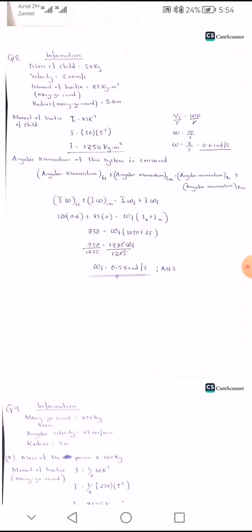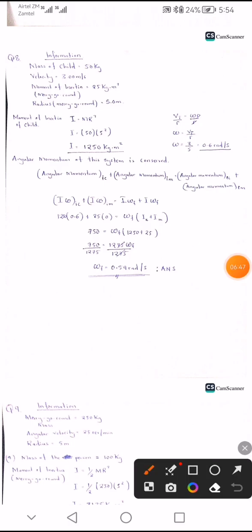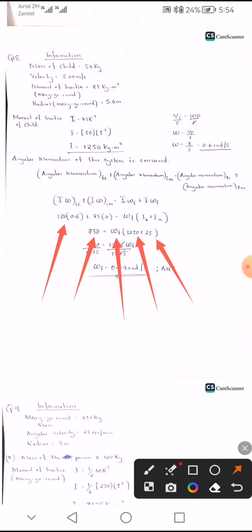So when we work that out, now we have this. So we start from this side here. This part here. 1,250 times 0.6 is 750, this. Okay, and then here we have factored this out. That means we have moment of inertia of the child plus moment of inertia of the merry-go-round.